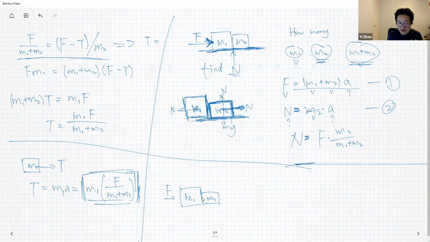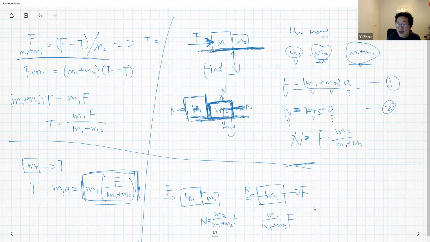The normal force in between is M2 over M1 plus M2 times F. That means this is a portion of F. M1 has this force to the right and this normal force to the left. So the total force is actually F minus this N, which is F times M1 divided by M1 plus M2.